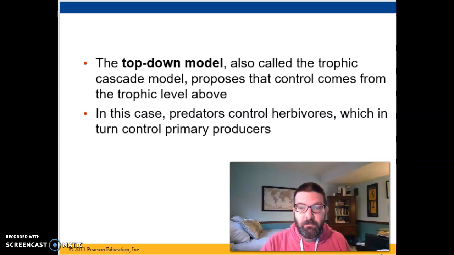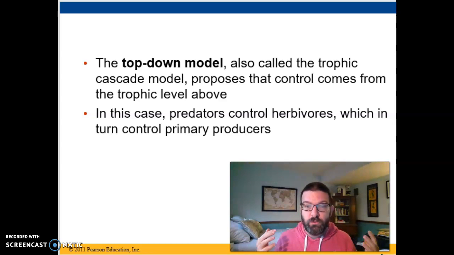In more recent times, there's been a lot of focus on a top-down model. This is the trophic cascade model that proposes that a lot of this control of what the community looks like comes from the top predators. And this is because predators control herbivores, which in turn control primary producers. And so the thing that limits primary producers isn't just the minerals in the soil, right?